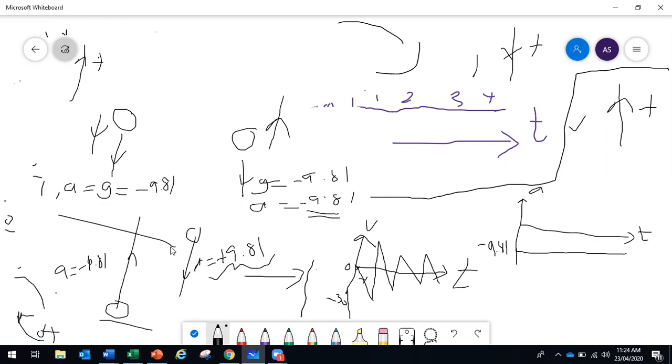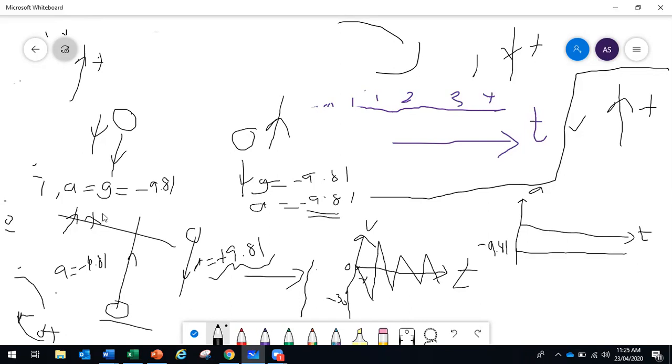Actually, this technique of changing A from negative 9.81 to positive 9.81, it's not a mistake. When you did the first part going up, you took upwards as positive.